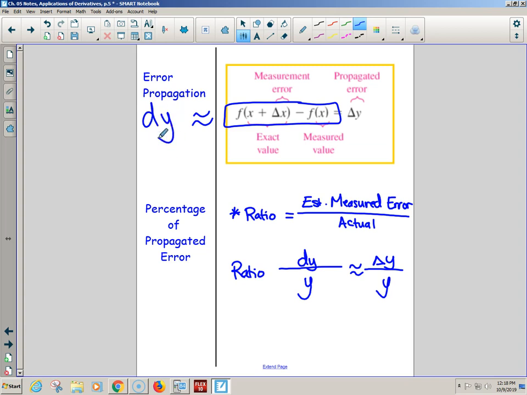And if dy can approximate that, not only can dy approximate delta y, but the ratio of dy over y can approximate delta y over y. And the ratio could be something like the percentage.